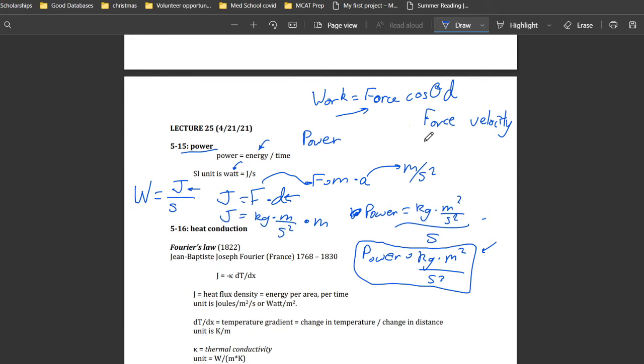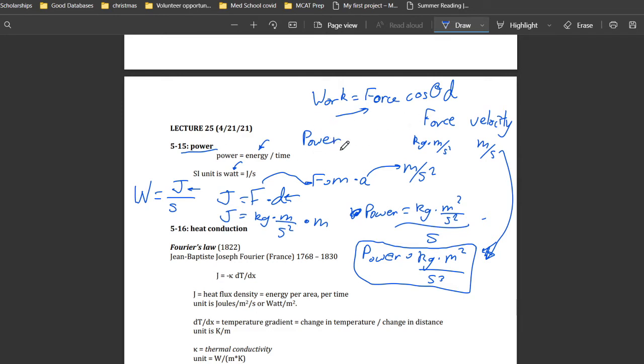So we know that force is kilograms times meters per second squared, and we know that velocity is meters per second. So when you multiply these together, you get power. So with that knowledge that power is equal to force times velocity, we could then use that information, even if we didn't know what we were trying to solve for.